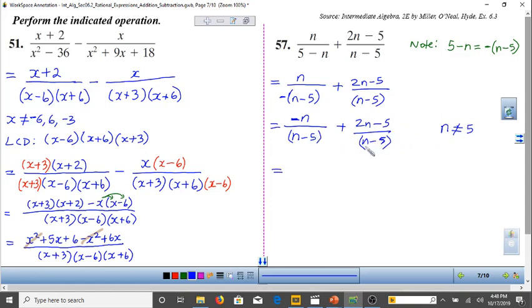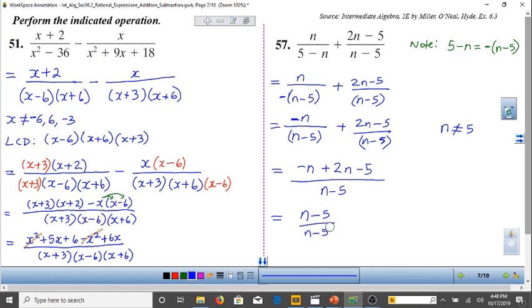Now when we combine the fractions, we get negative n plus 2n minus 5 over n minus 5. I combine like terms here, and negative n plus 2n is n, and we have minus 5 over, again, n minus 5. So we're dividing something by itself.